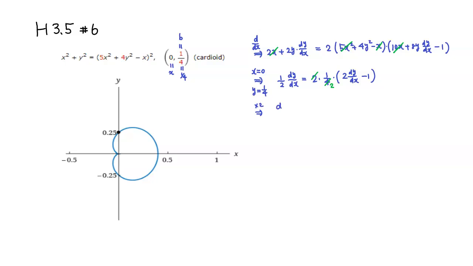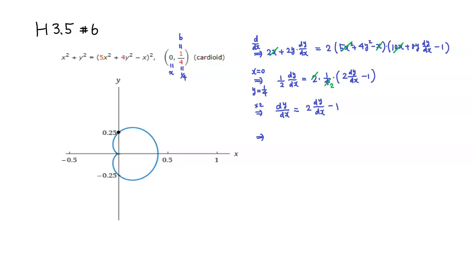That way, multiplying both sides by 2, the 1/2 is gone, so you have dy over dx is equal to 2 dy over dx minus 1. Then we can just solve for dy over dx.